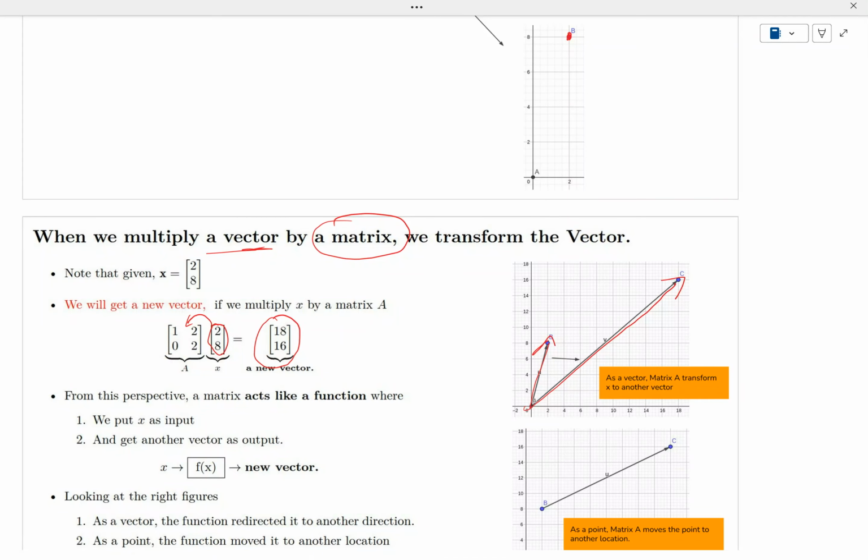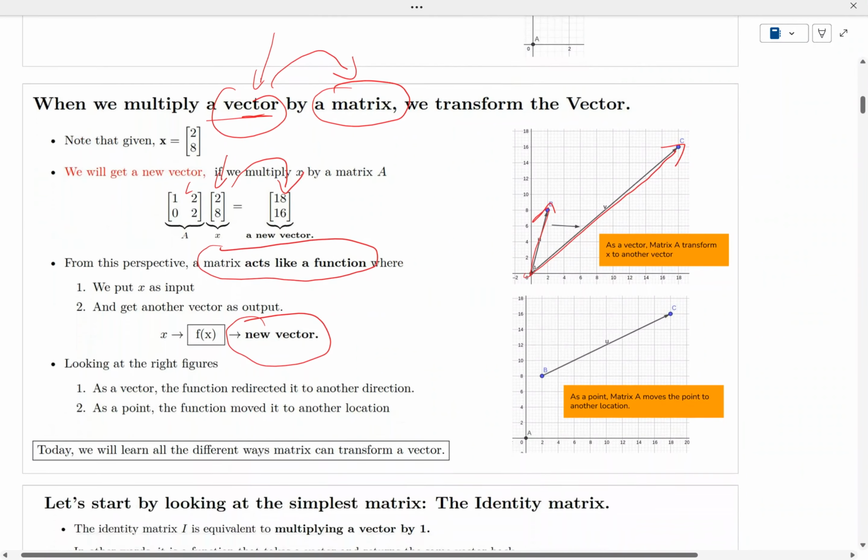So when we multiply a vector by a matrix, we're transforming the vector into something else. You can see that the matrix acts like a function that transformed the original vector to something else, and that new vector might be something we want more.